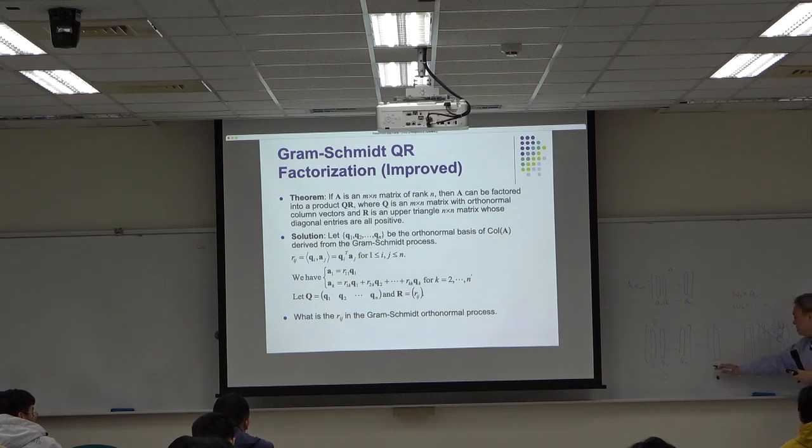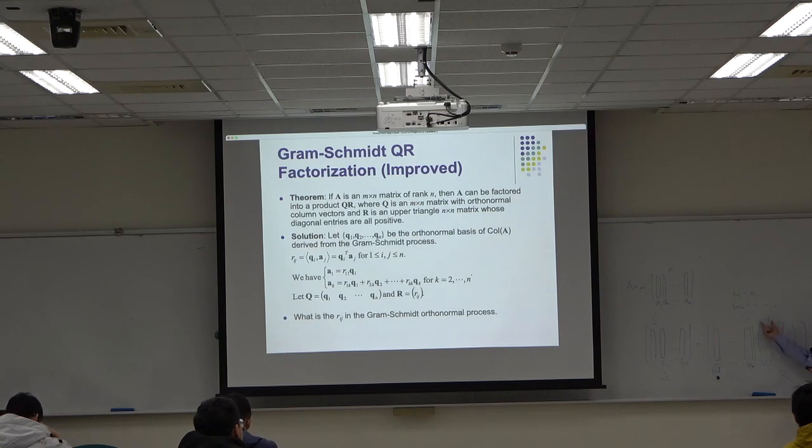But if you divide each column by the length of its column vector, then to keep the multiplication result the same, this part, which was originally 1, now has to be changed to the norm of W1, the length of W1.